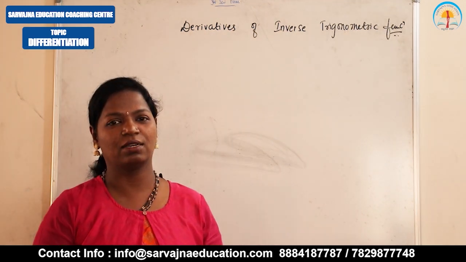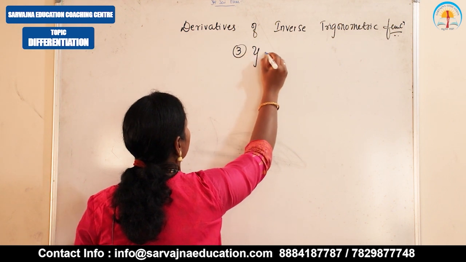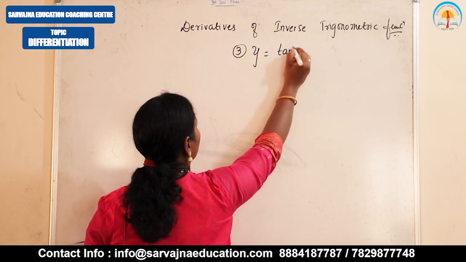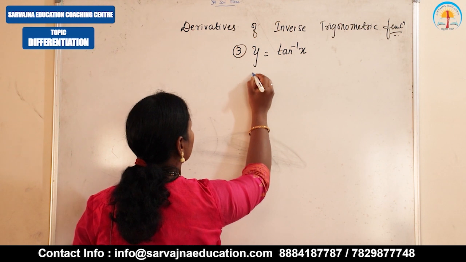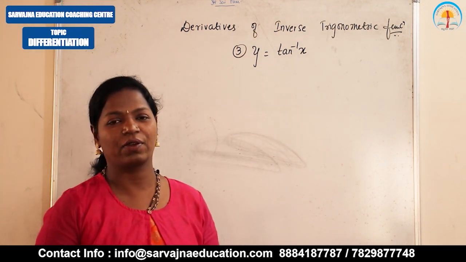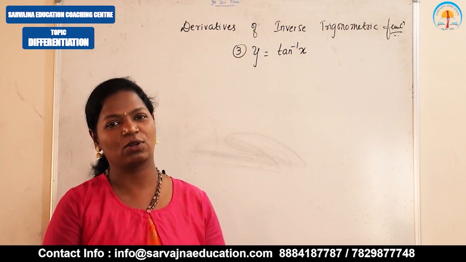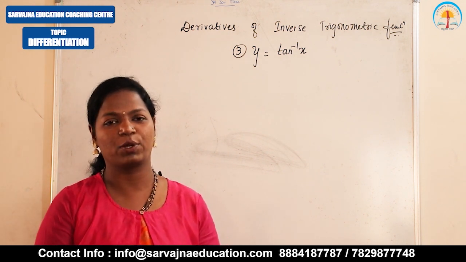Third one, y is equal to tan inverse x. These are all inverse trigonometric functions. You have an inverse trigonometric functions chapter itself, right? When I am doing that video, I'll explain all the inverse trigonometric functions and how they work.